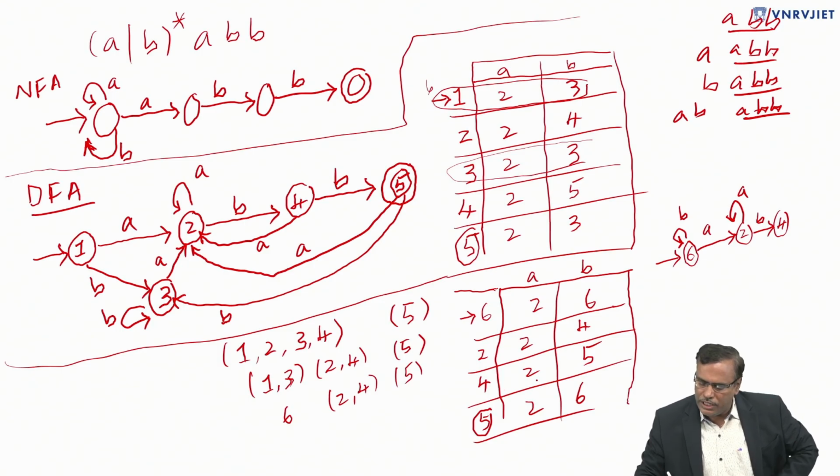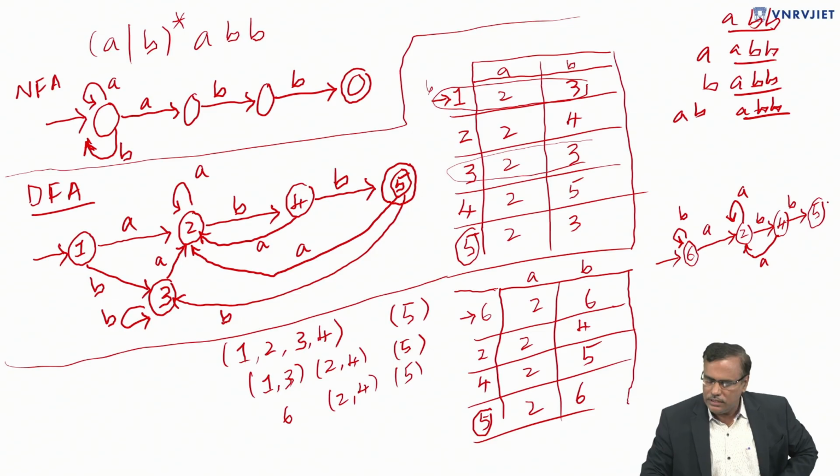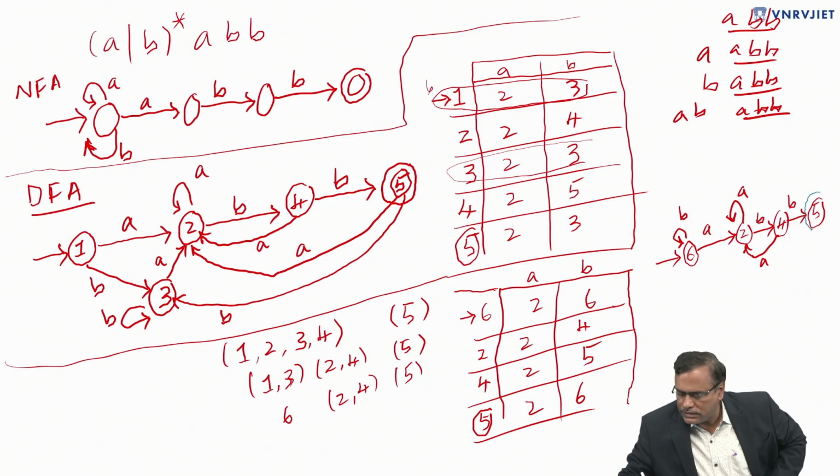Next, 4 on A, you are going to state 2, that is this. Next, 4 on B, you are going to state 5, and you know this 5 is a final state. Let me use a different color for that. This 5 is a final state, right?